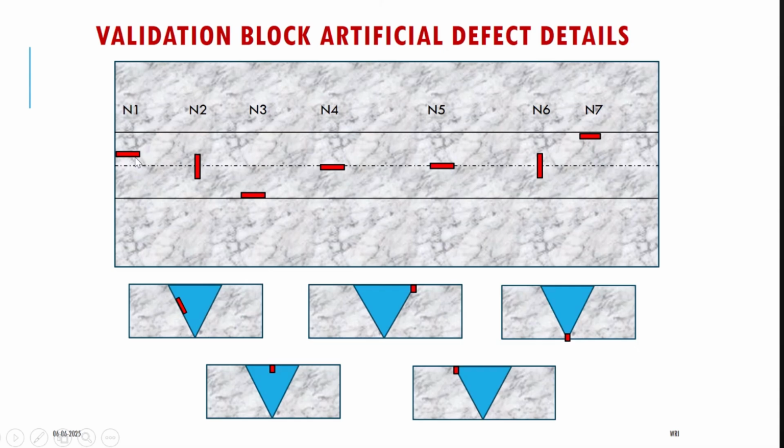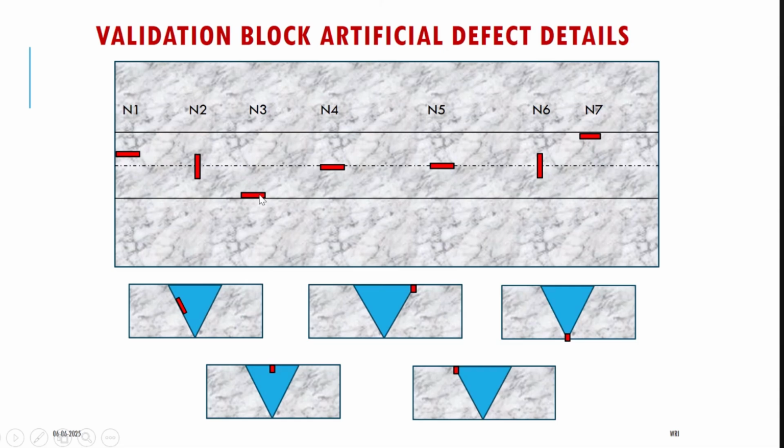This is the top view of the validation block. The first defect, N1, is side wall lack of fusion. This is artificial, we made it. The validation block is artificially made. The second one is perpendicular to your weld. This is a cap toe fusion defect. This N6 is also a cap toe fusion defect.